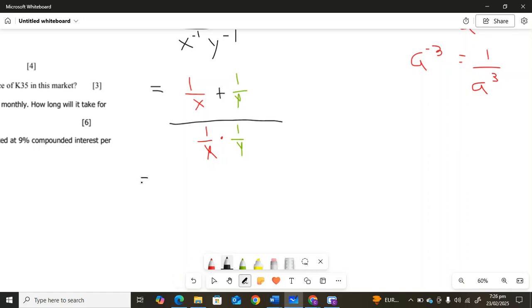So we solve the first fraction on the numerator, 1 over x plus 1 over y. Let's solve it here on the side. We get the common denominator, x times y, that is xy.